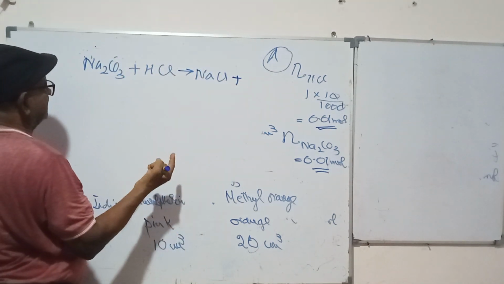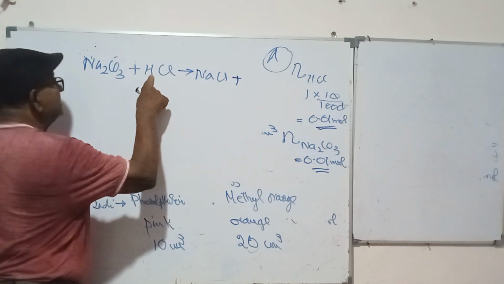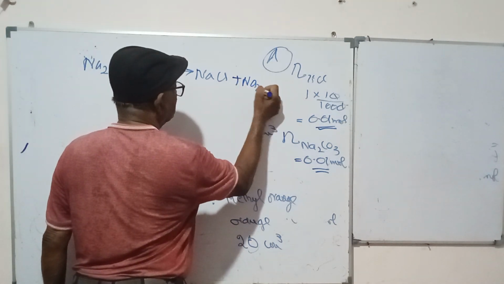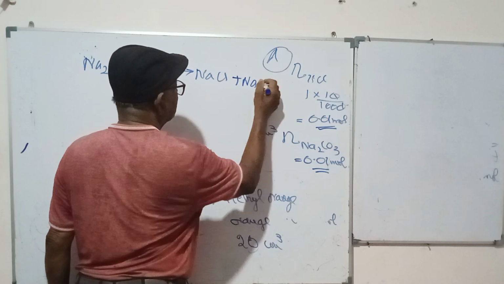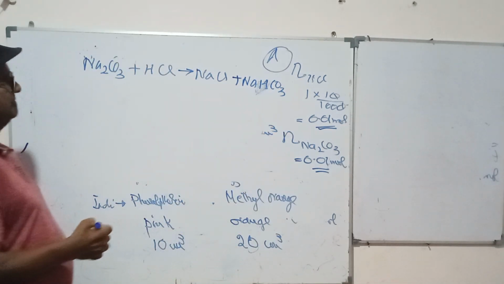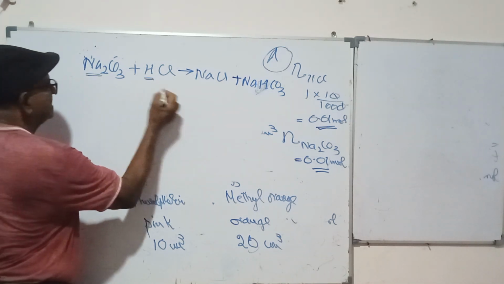What are the remaining amounts? 1 sodium, here H, CO3 also. NaHCO3, sodium bicarbonate.